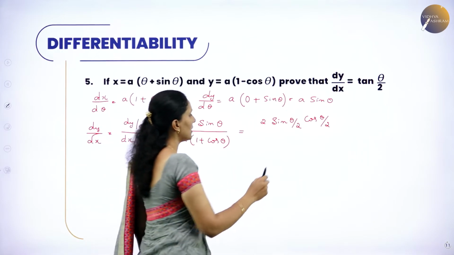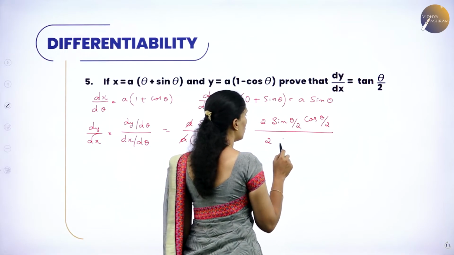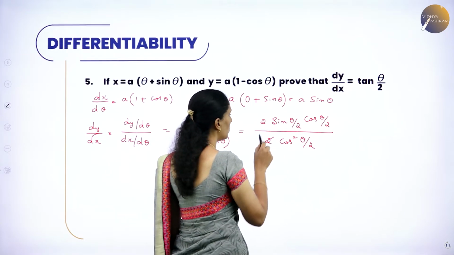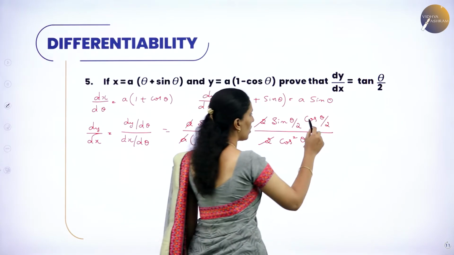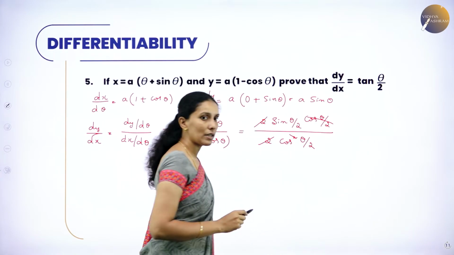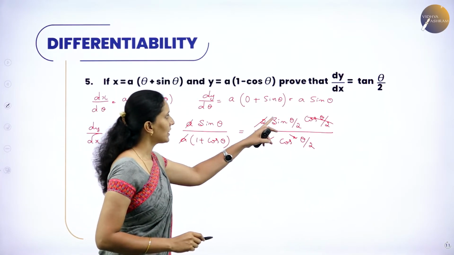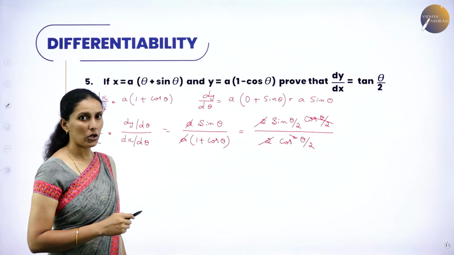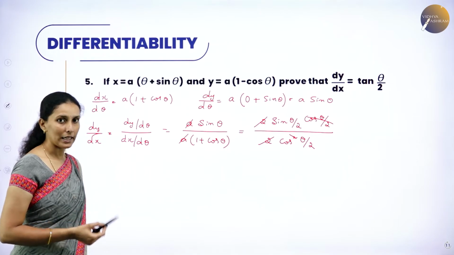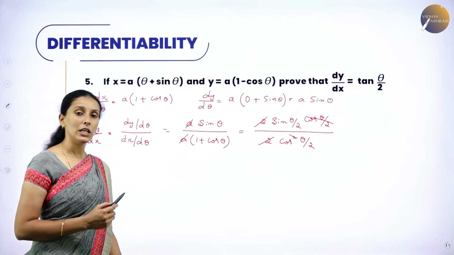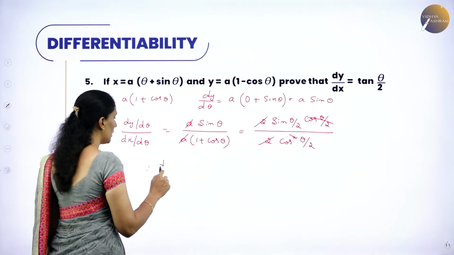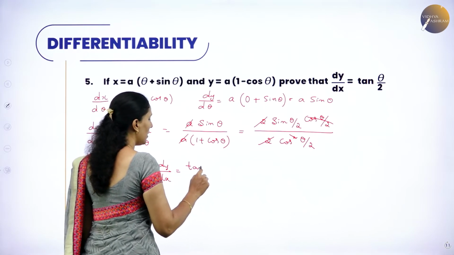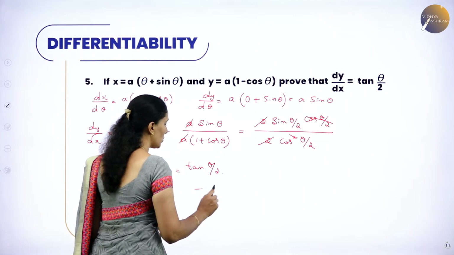And 1 plus cos theta can be written as 2 cos square theta by 2. So now we have 2 which will get cancelled, cos theta by 2 and 1 cos theta by 2 get cancelled. We are left with sin theta by 2 by cos theta by 2. What is sin theta by cos theta? Which is nothing but tan theta, and hence here it becomes tan theta by 2. So therefore dy by dx is equal to tan theta divided by 2.